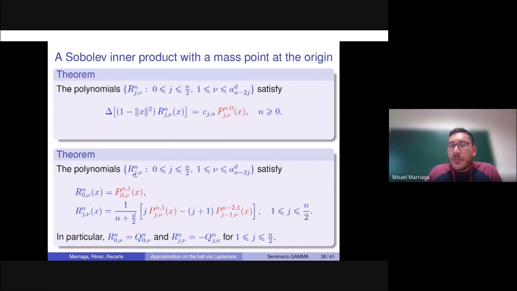Okay, and we kept on finding similar properties, and we got the same relationship with the classical basis, but in this case, there's a factor of -1. Okay, so that means that this new basis R is just a multiple of the basis Q, where when j equals 0, the coefficient is 1, and when j is different than 0, the coefficient is -1. All right, so this new basis is the same one as before.